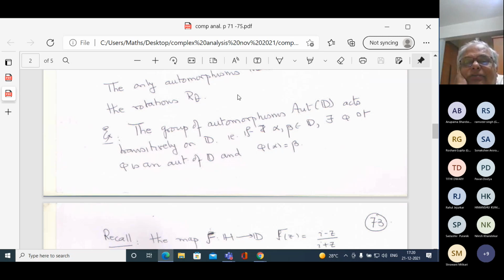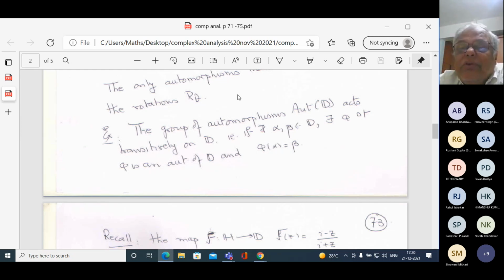In the algebra class, most of the groups that you have been talking about are finite groups, and most of the sets on which the group acts have been finite sets, in some sense.